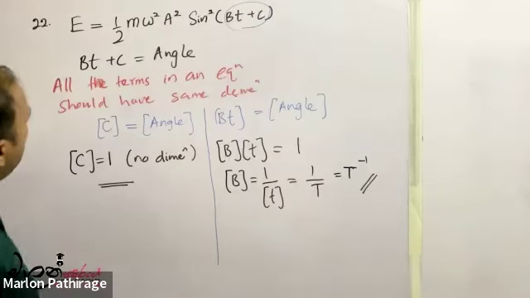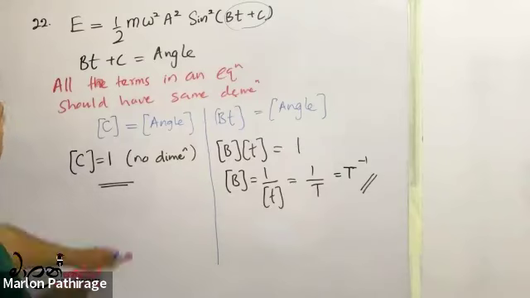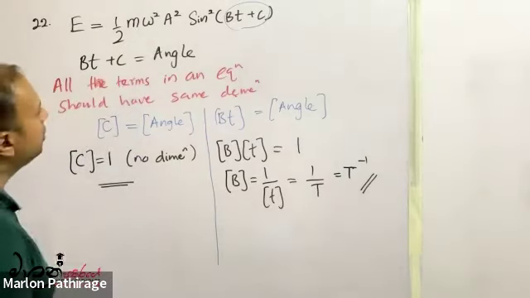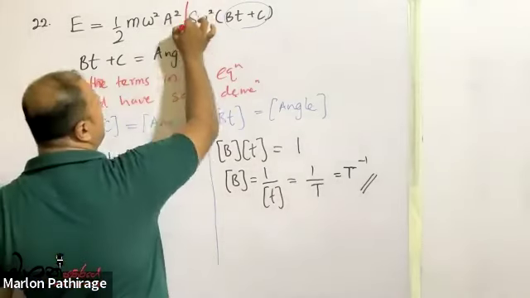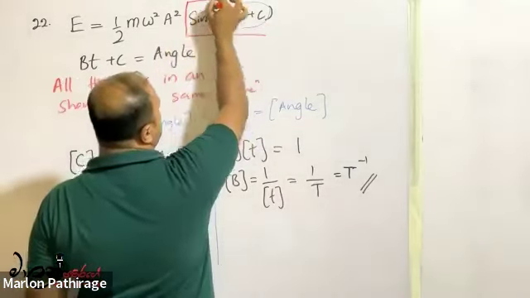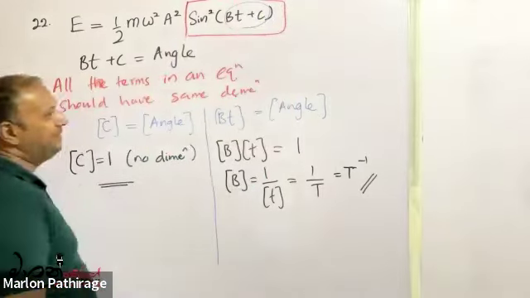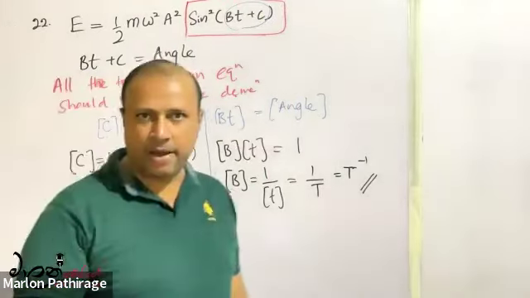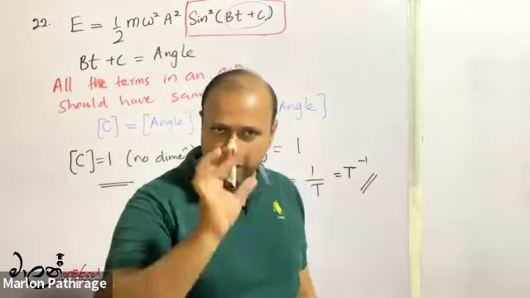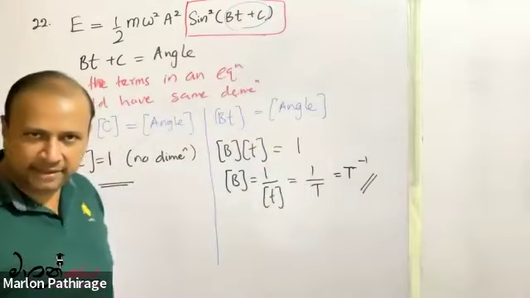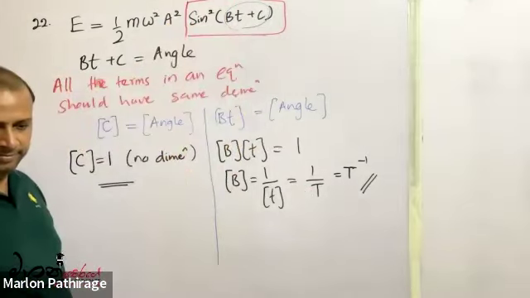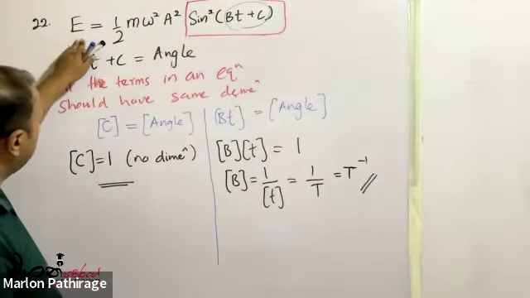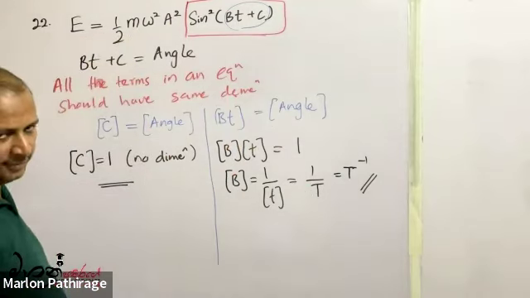Okay, now I can move to the entire part. As this is a trigonometric function, that part has no dimension. Is that clear? The entire part has no dimension. Therefore, the dimension of E should be equal to this one.